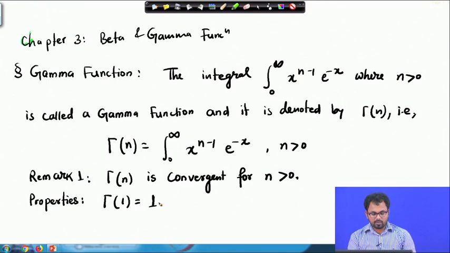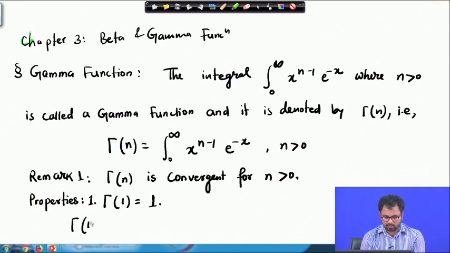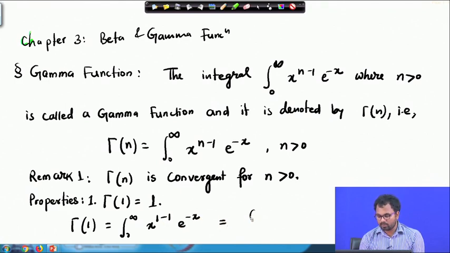This one is pretty straightforward to see. To prove this, I can write gamma 1 equals the integral from 0 to infinity of x to the power 1 minus 1 e to the power minus x, which is the integral from 0 to infinity of x to the power 0, which is 1, times e to the power minus x.